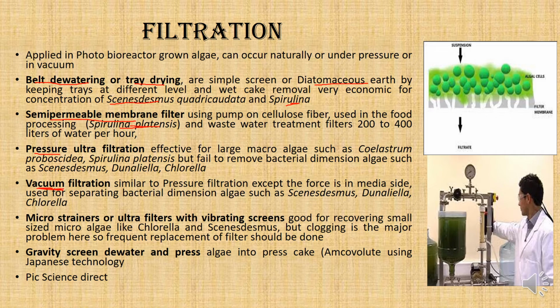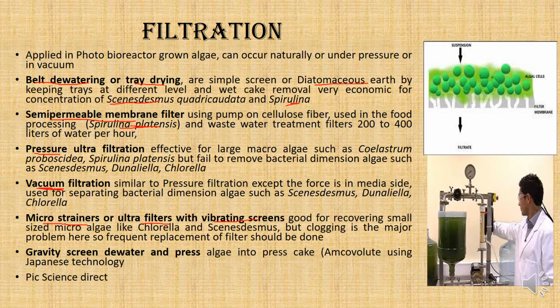Under both these conditions, the efficiency and also the speed of filtration increased. Later we see the use of micro strainers or ultra filters that are used with a vibrating screen.